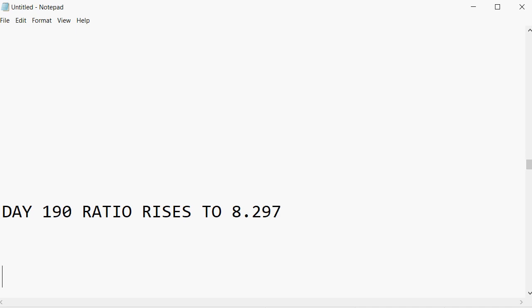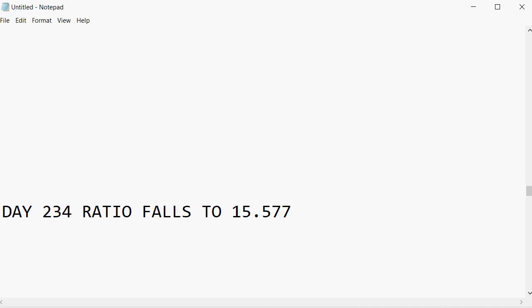Day 190, rising to 8.297. Day 193, rising to 22.163. Day 195, rising heavily to 52.146.